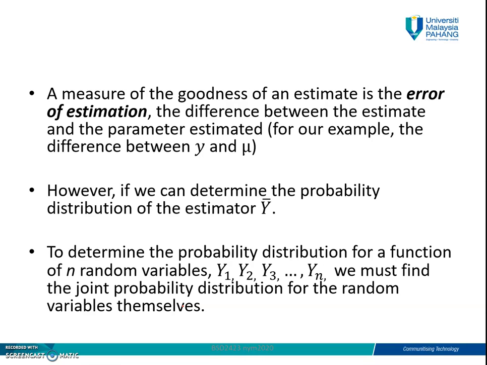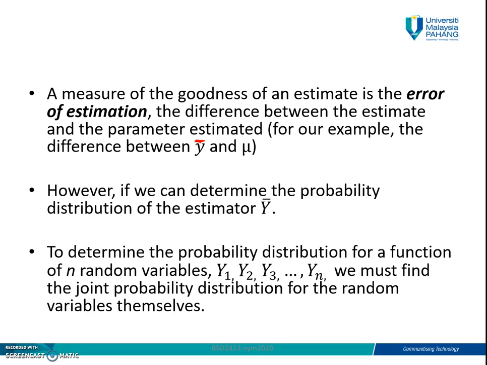A measure of goodness of an estimate is the error of estimation, the difference between the estimate and the parameter estimated. In our example, it is the difference between y bar and mu. How big is the difference?